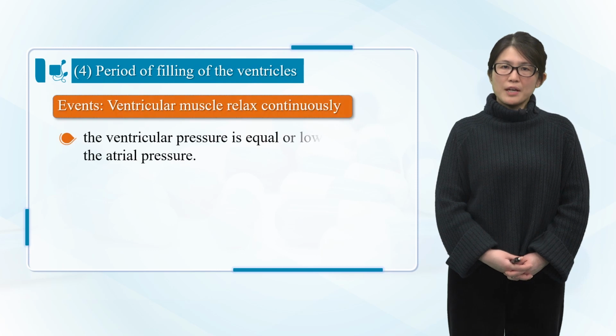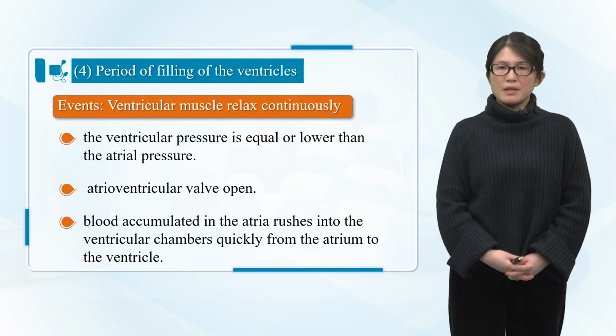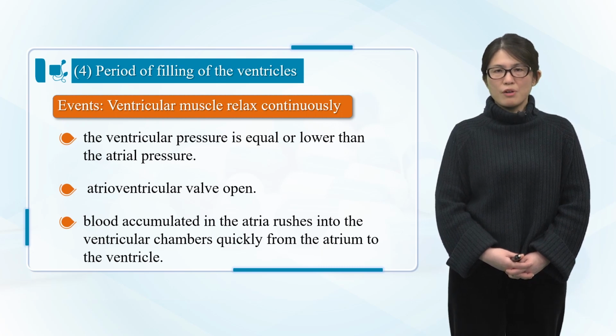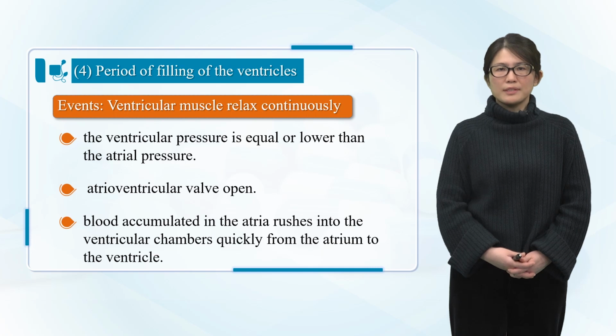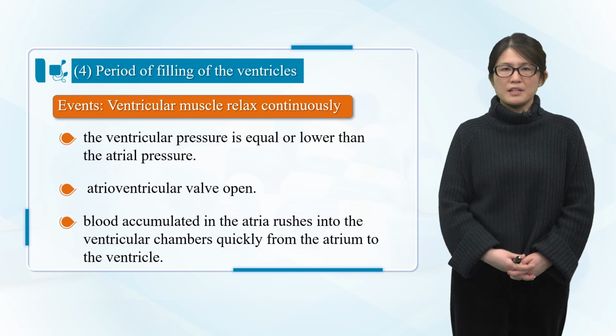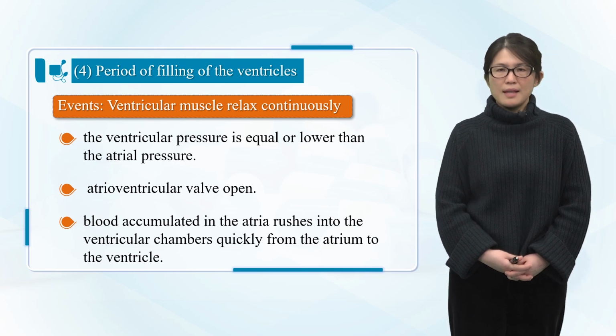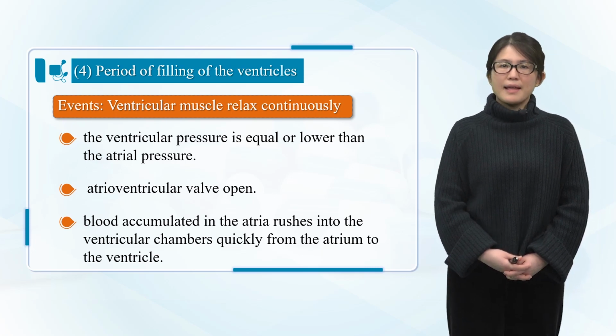The rapid filling period. At the beginning of the atrioventricular valve opening, due to the rapid relaxation of the ventricular muscles, the intraventricular pressure is significantly reduced and even becomes a negative pressure.